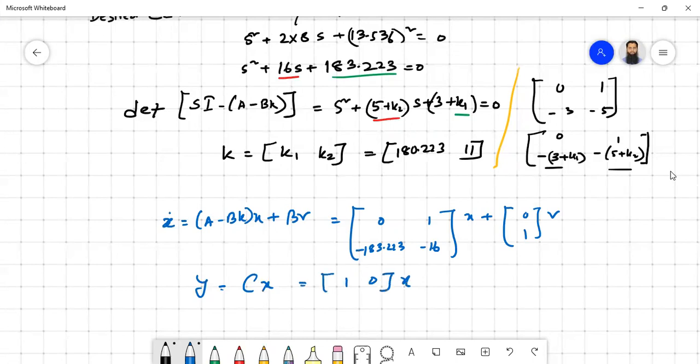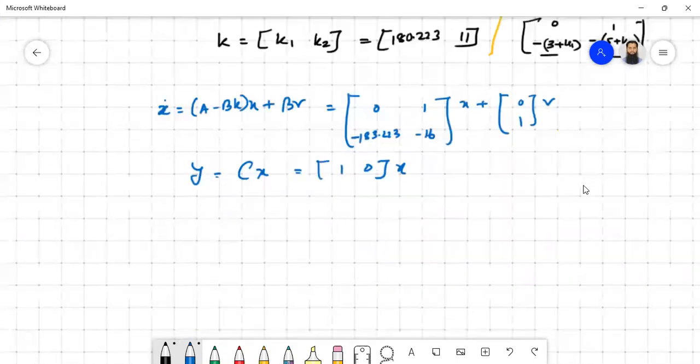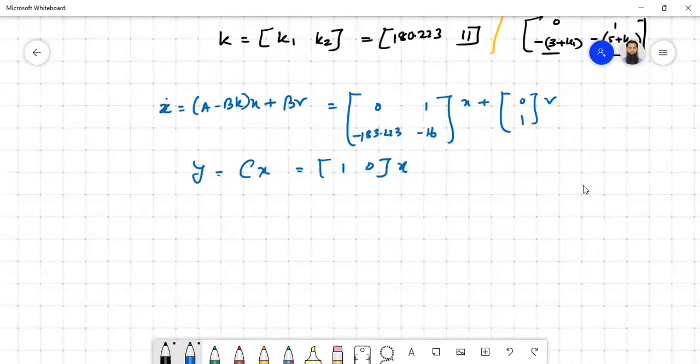Now, for the steady state error analysis for the step input, from chapter 7 that we have seen, the steady state error can be given by this formula: 1 plus C A inverse B. So this is input specific.